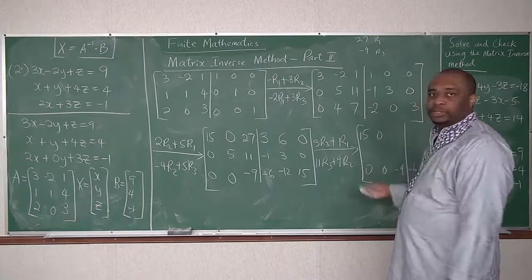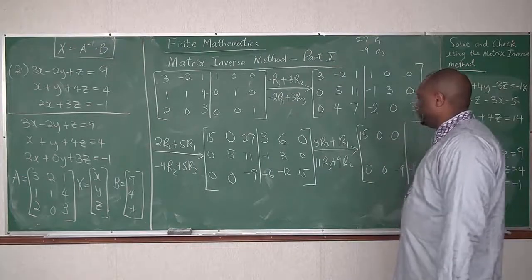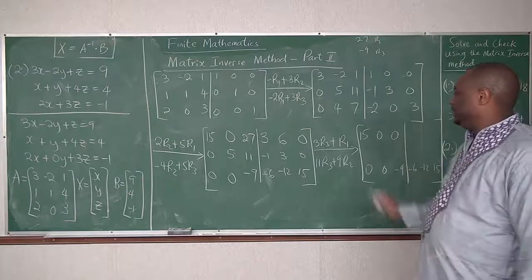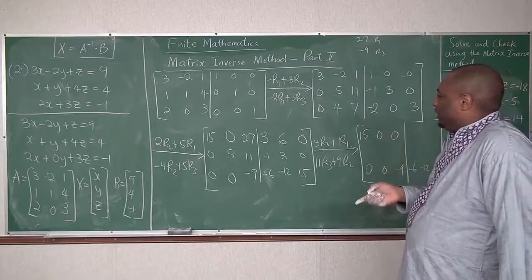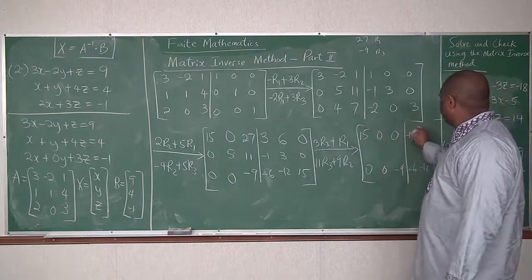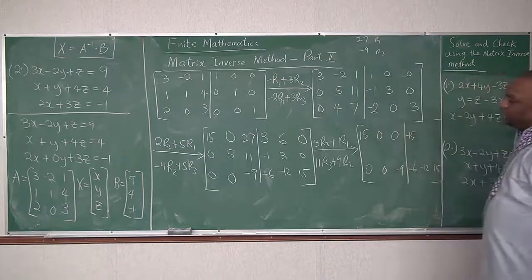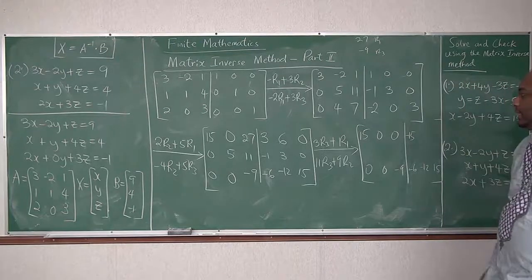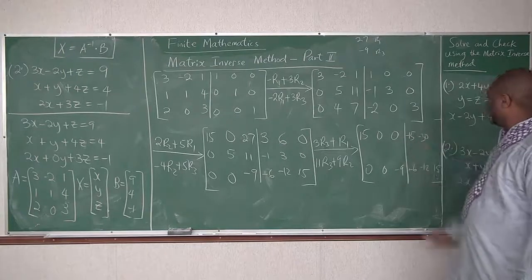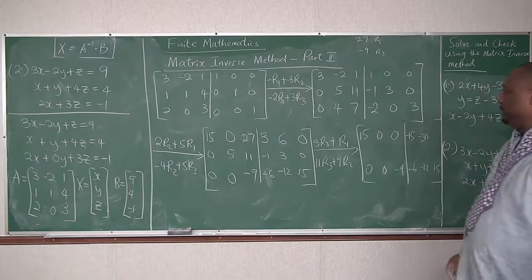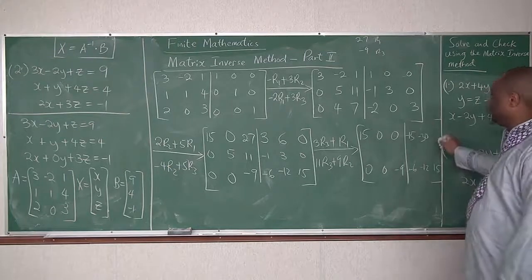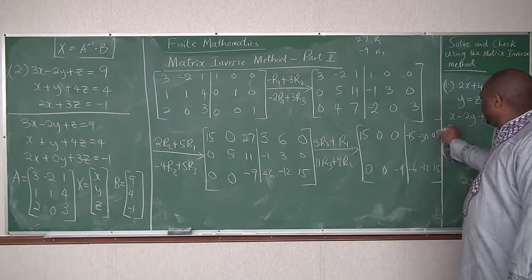Negative 27 plus 27 is 0. 3 times negative 6 is negative 18 plus 3 is negative 15. 3 times negative 12 is negative 36 plus 6 is negative 30. 3 times 15 is 45 plus 0 is 45.